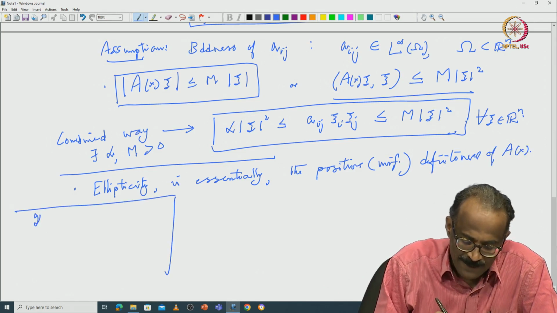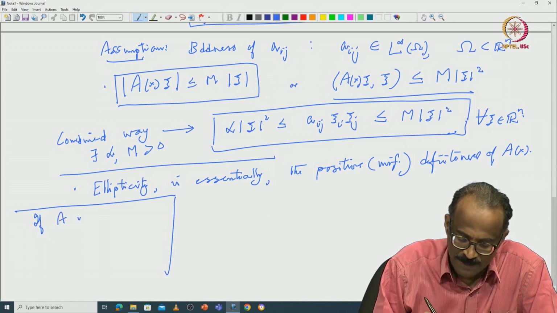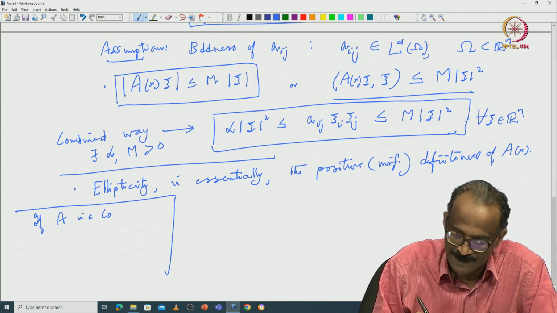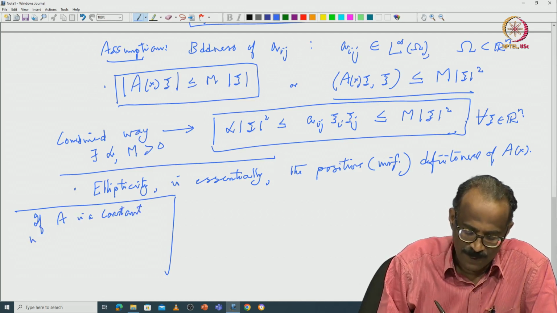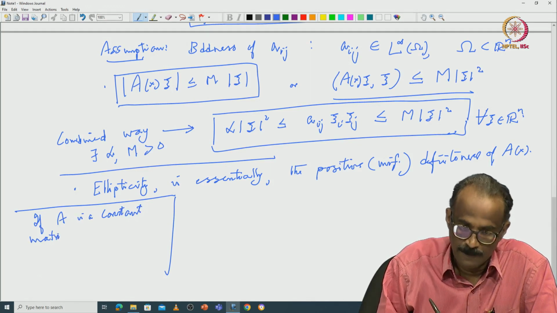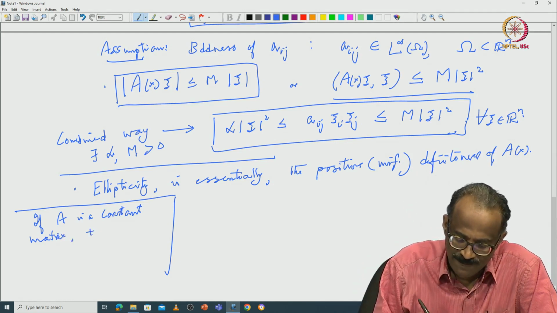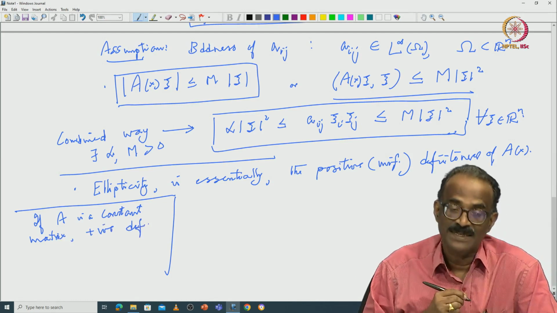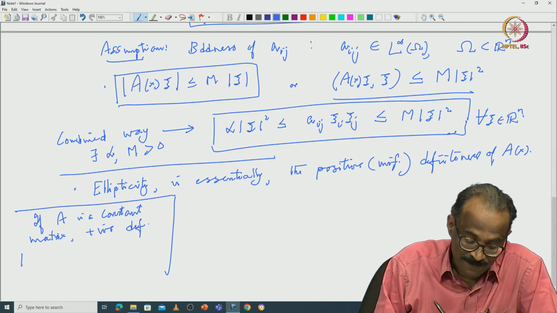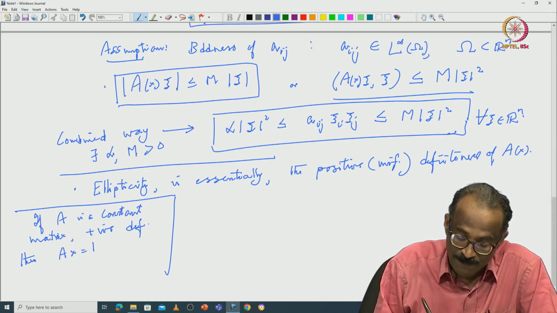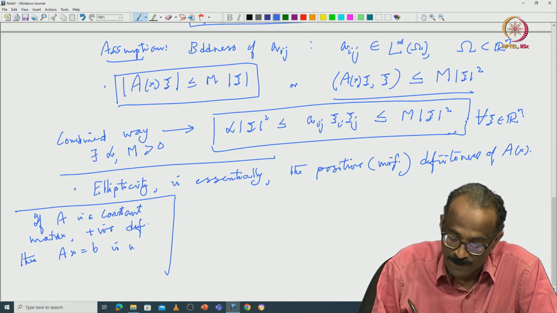If A is a constant matrix and positive definite, then A is invertible and Ax equal to b is uniquely solvable.